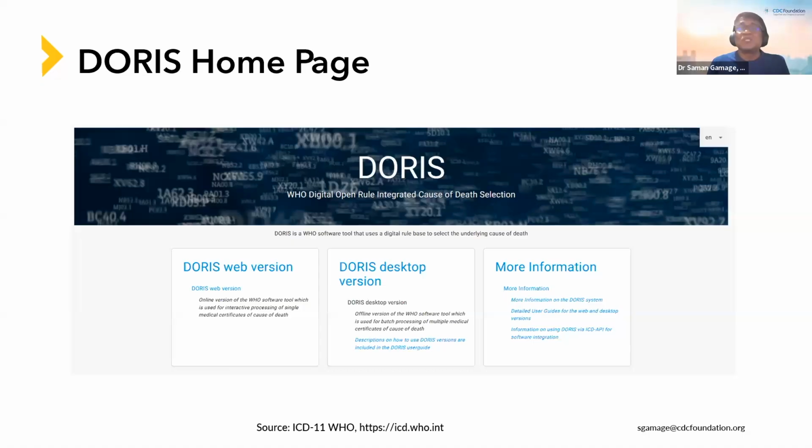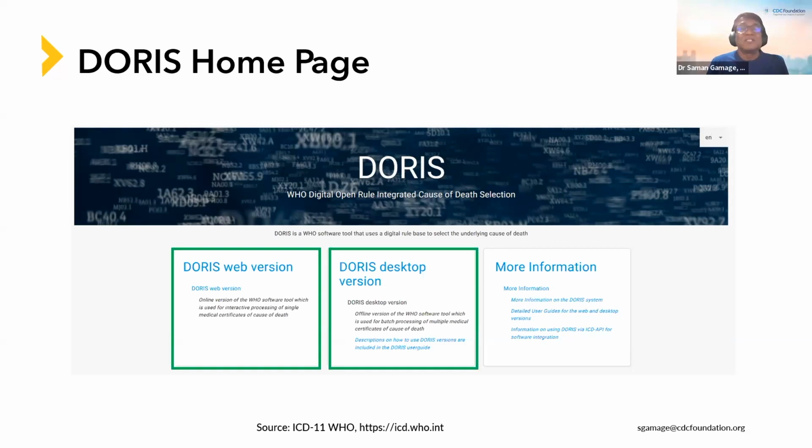This is the Doris home page. There is a web version. The web version can be used when you have an internet connection, and then you can code death certificates one by one. Then there is a desktop version as well, which can be downloaded into a computer, and this can be used for batch processing of large numbers of death certificates.